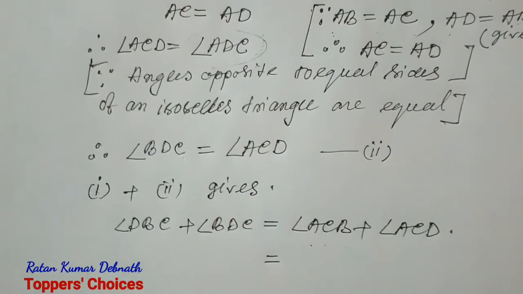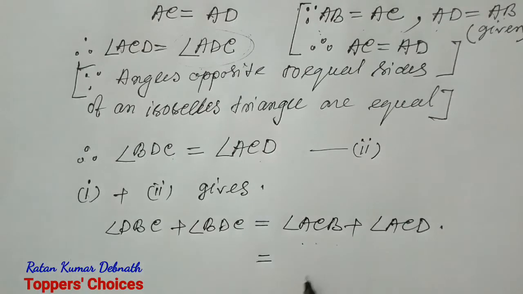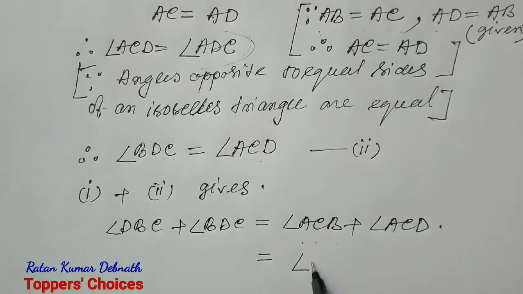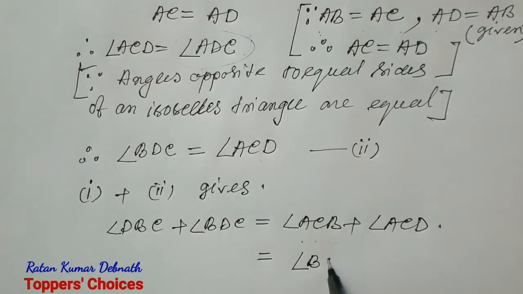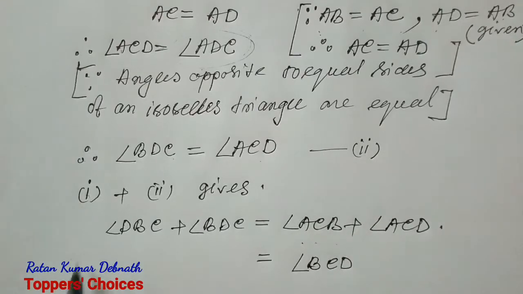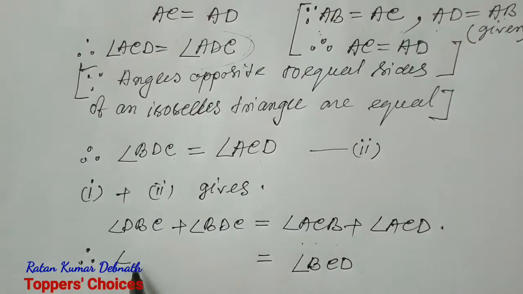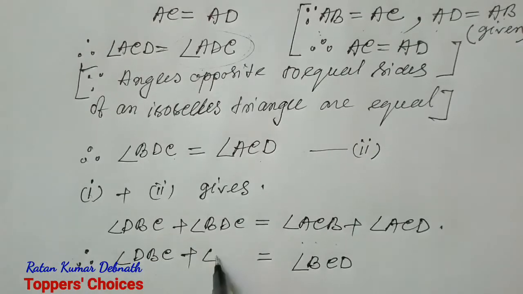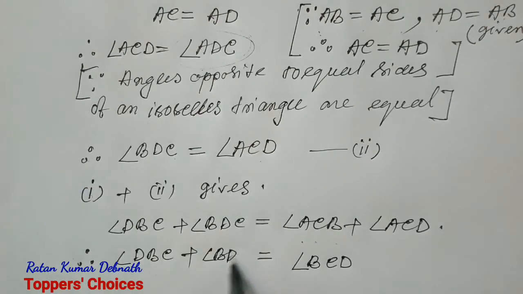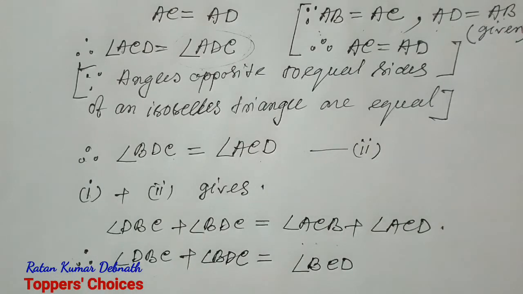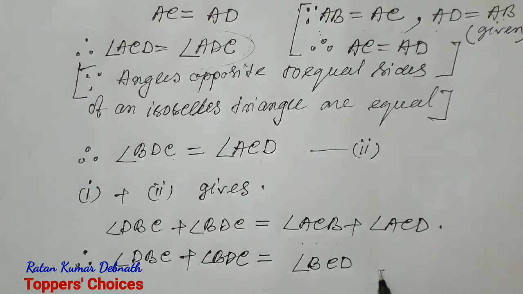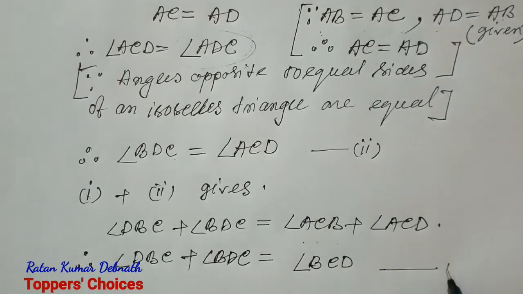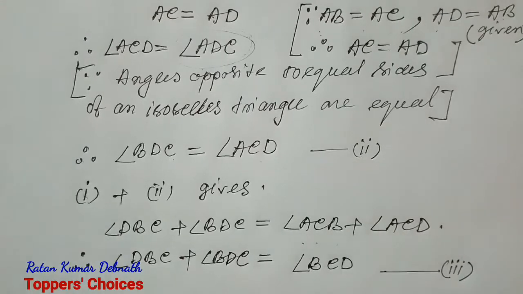So at the right side we can write angle BCD, that is, angle DBC plus angle BDC equals angle BCD. I mark this relation as 3.